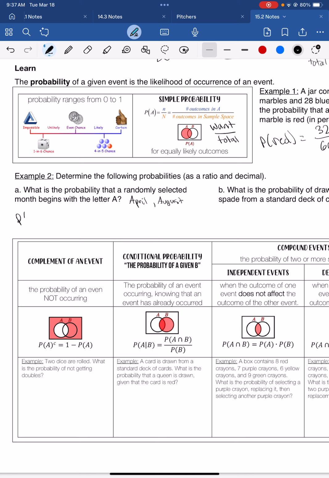So the probability of A is there are 2 months that start with A out of 12, because there's 12 months in the year. So we divide both of these by 2, and you're going to get 1/6. And if we do 1 divided by 6 in our calculator, that gives us approximately 0.17. All right, so that would be our ratio is 1 over 6, and then our decimal would be 0.17.